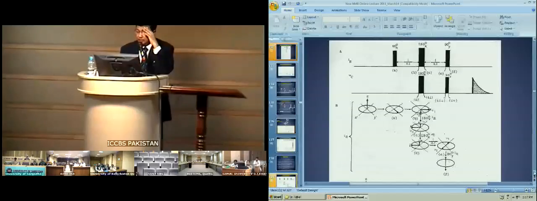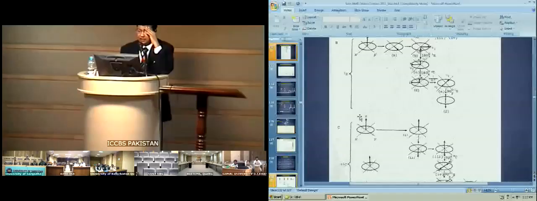But let's talk about carbon-13 also, because carbon-13 is playing a very important role. This is the carbon-13 which was here, right? And then you give a 180 X pulse, so it goes down. It's not in the XY plane. The 180 X pulse takes it down.